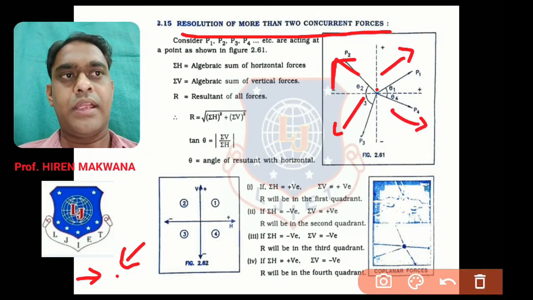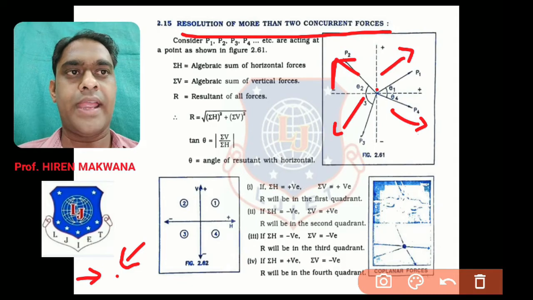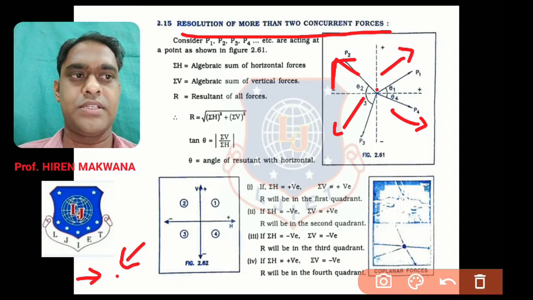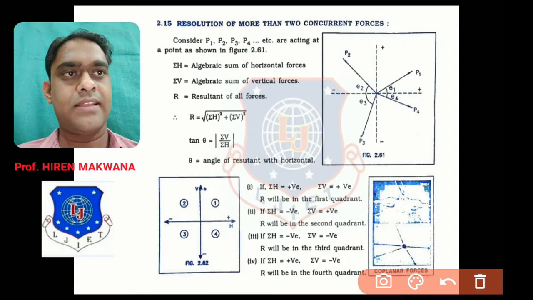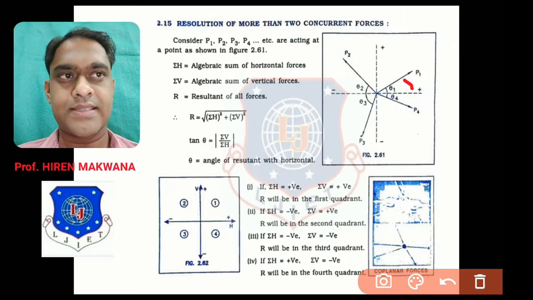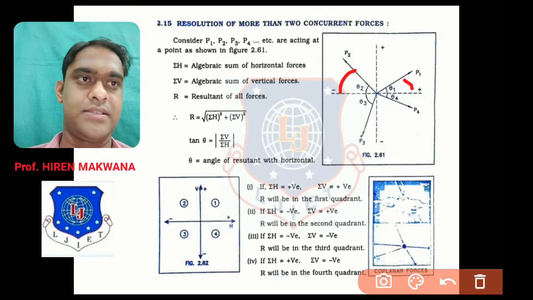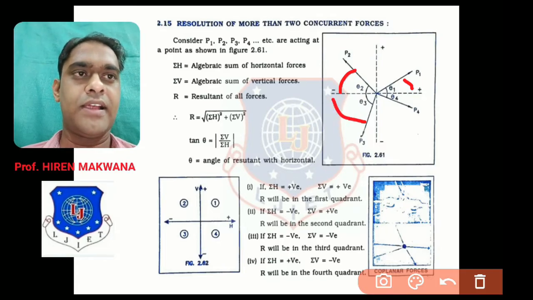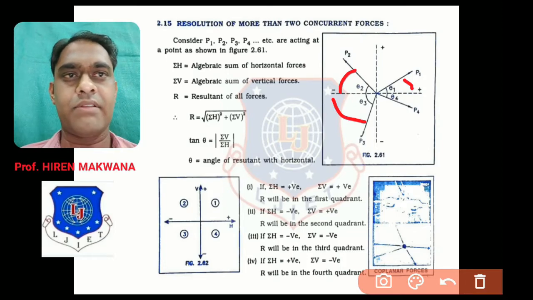Also, the angles with respect to x-axis of these forces is given to you like this. P1 at an angle theta 1 from positive x-axis, P2 at an angle theta 2 from negative x-axis, P3 at an angle theta 3 from negative x-axis, P4 at an angle theta 4 from positive x-axis.